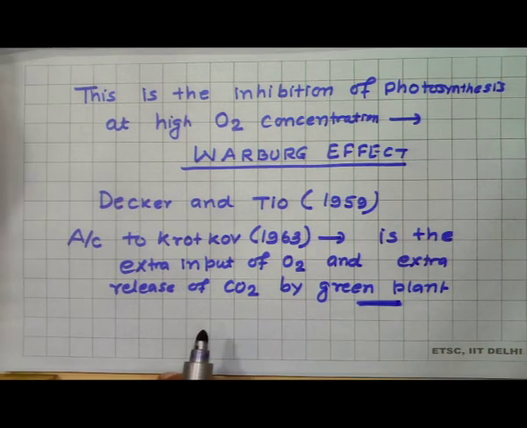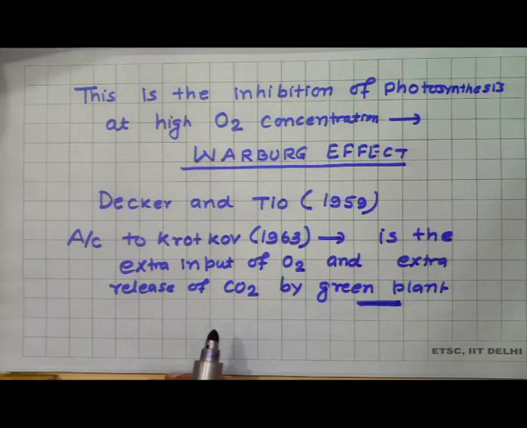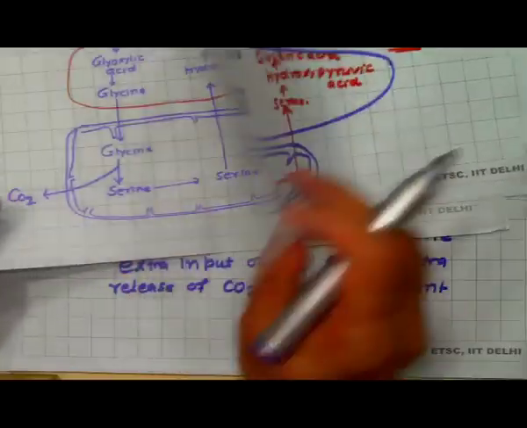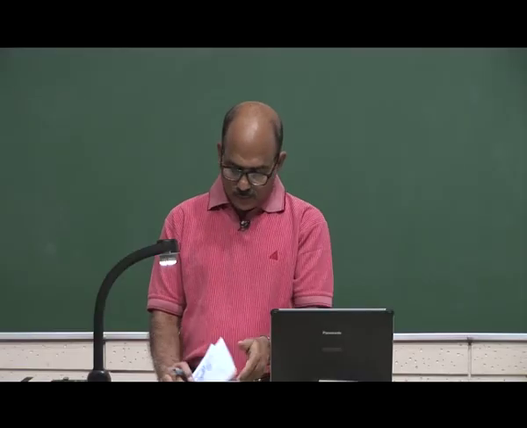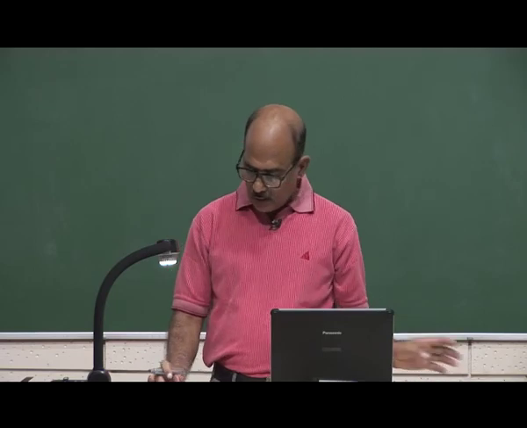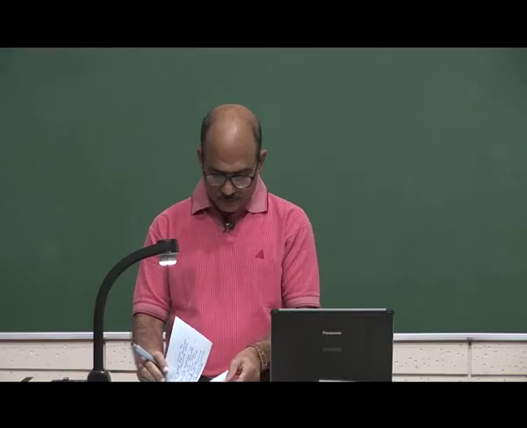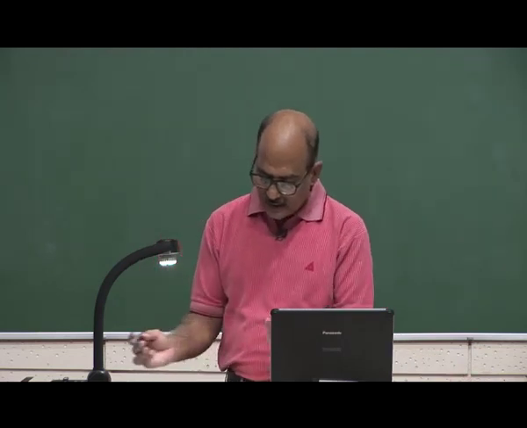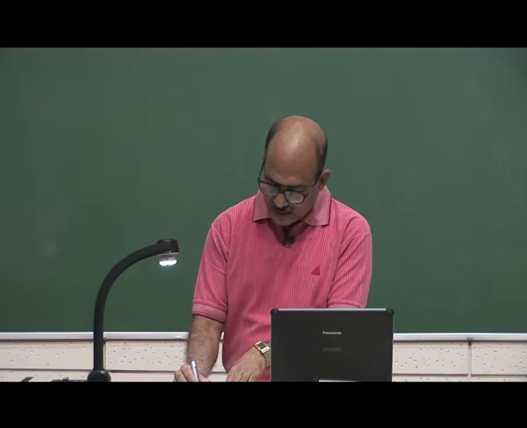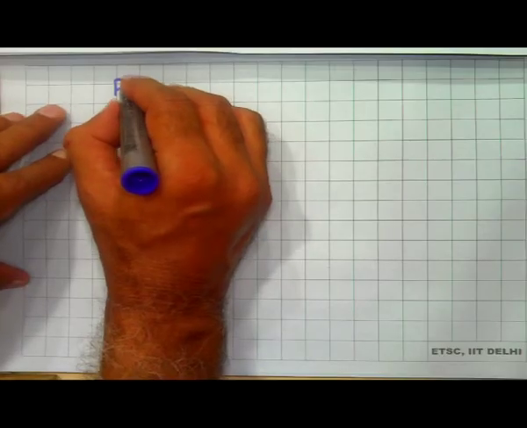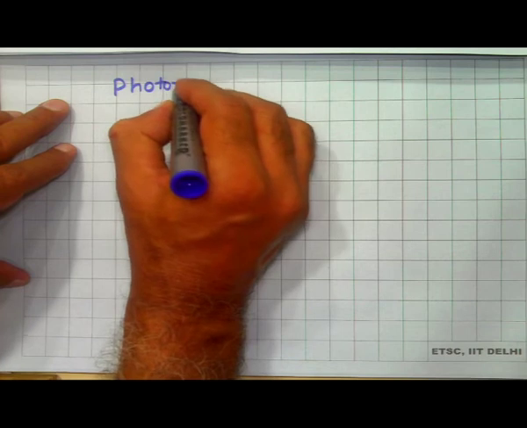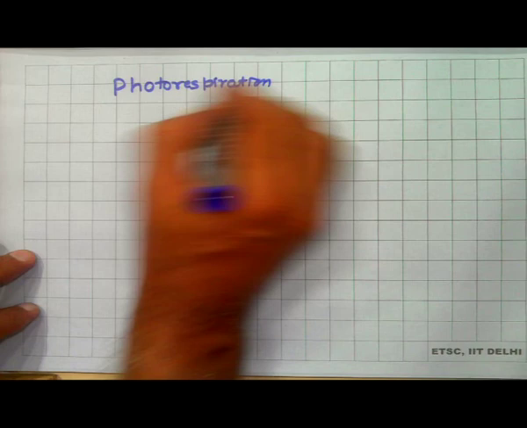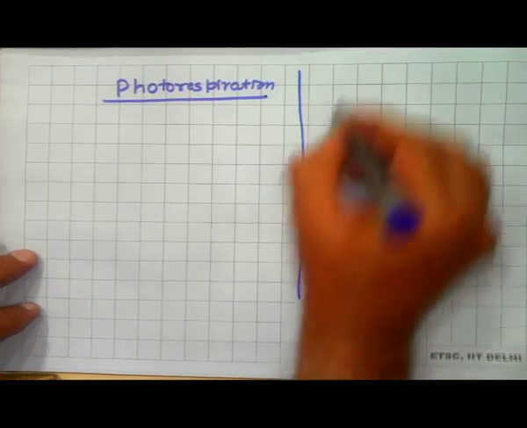And the sites involved we have already seen: the chloroplast, peroxisome and the mitochondria, which are involved in photorespiration. Now, in another chapter, there is respiration. Here the terms photorespiration and respiration are not synonymous.